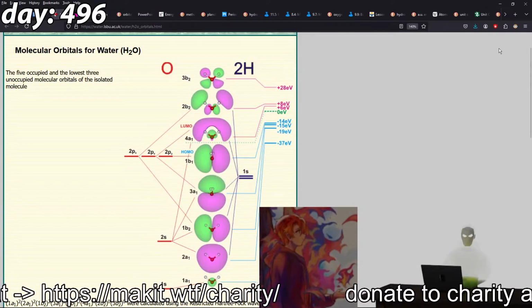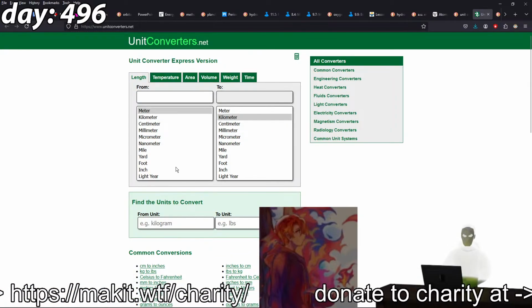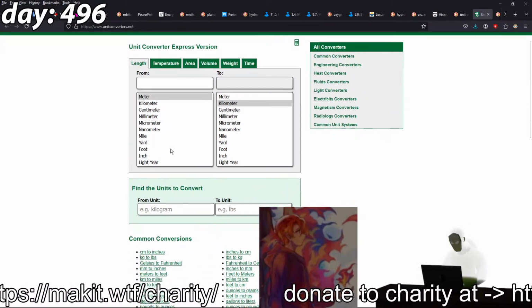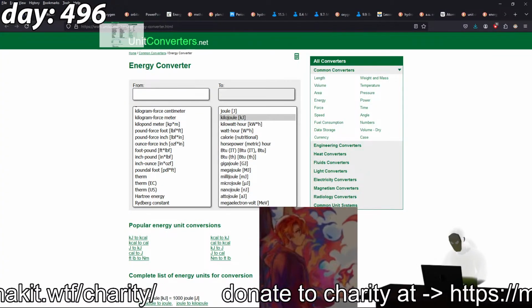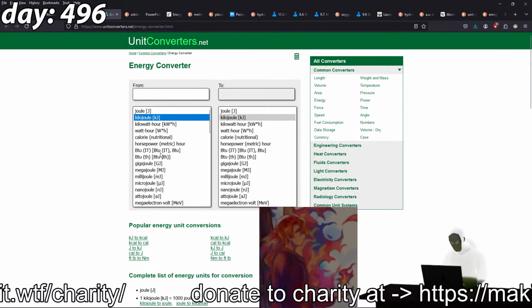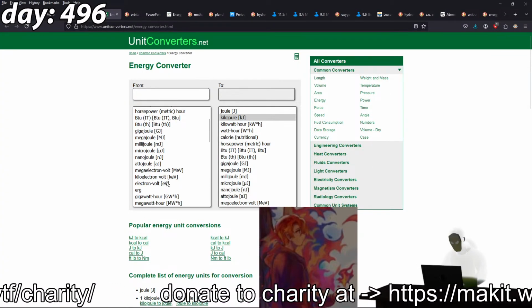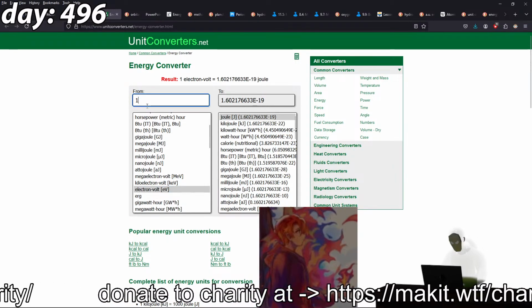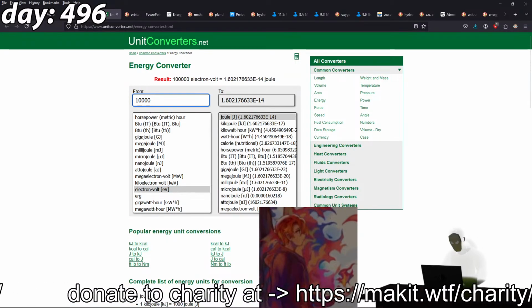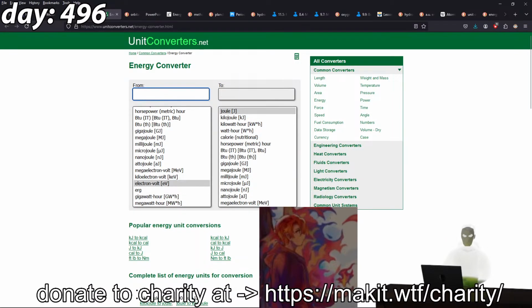This is an electron volt. Just one electron volt. Okay, that's what's accurate.